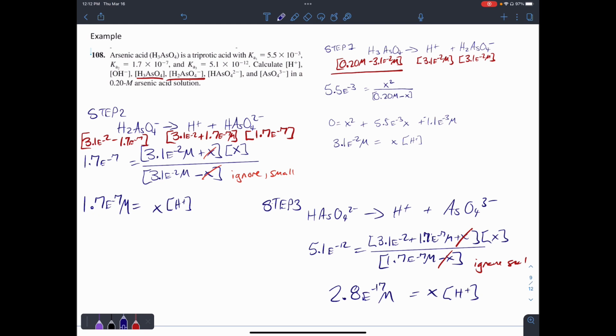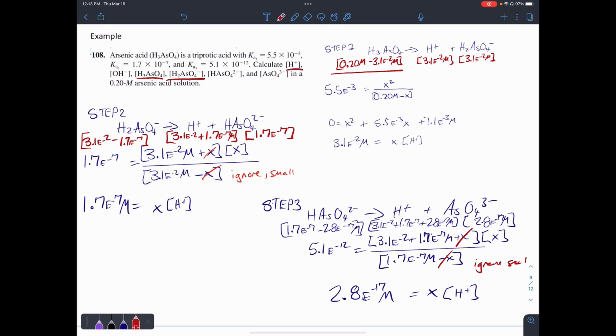It's all three of these numbers added together. And then this last substance, it's just the little bit that's been produced, 17.